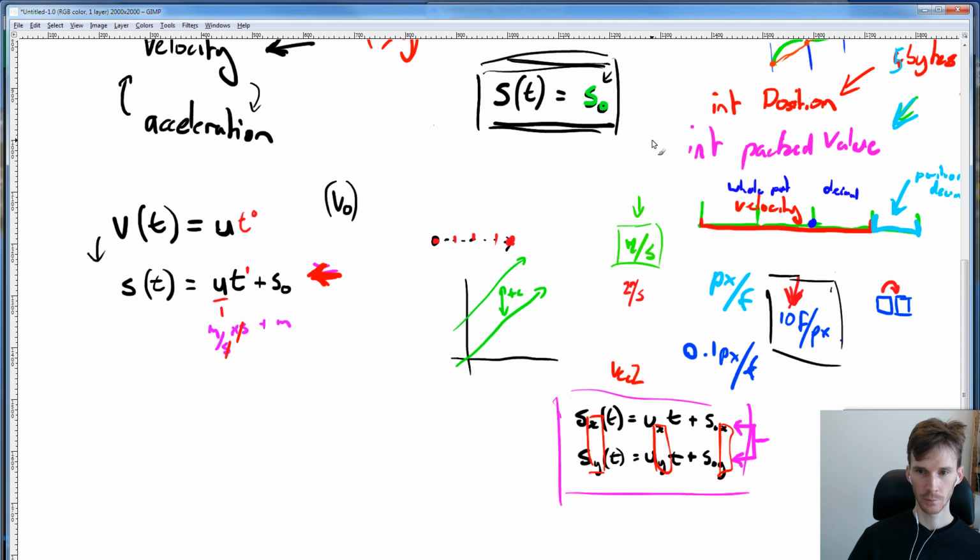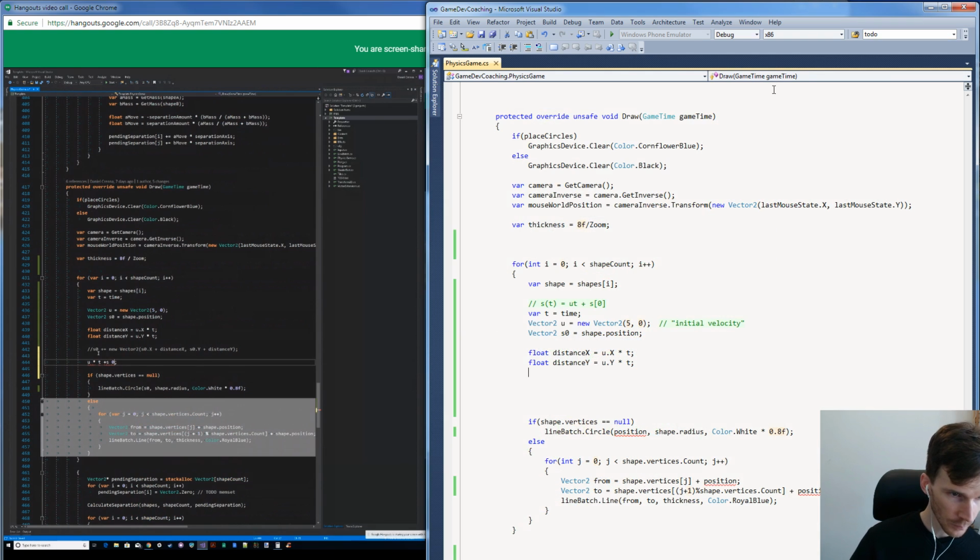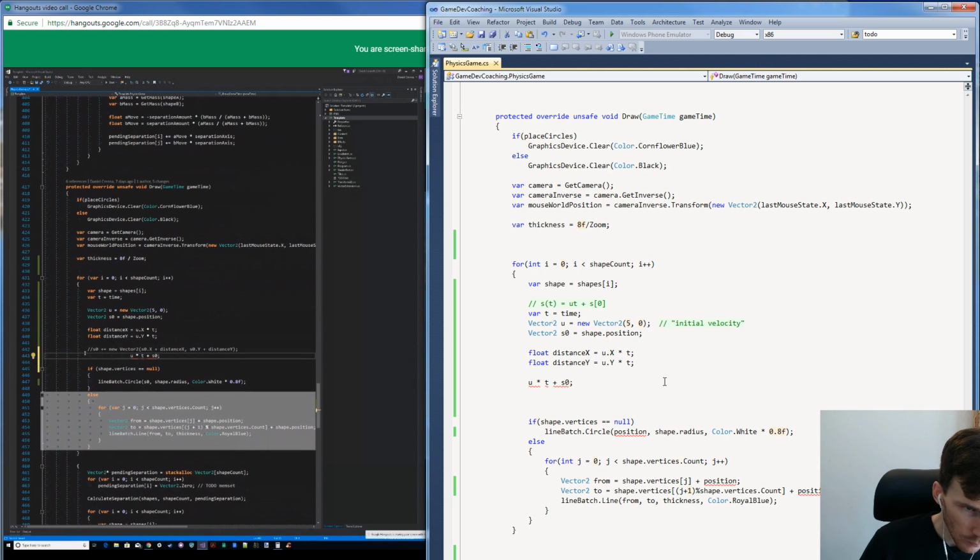So I mean, simple in concept, and then I go and do it. I mean, yeah, u times t plus, there's my constant. The constant is the thing that doesn't matter. U is the initial velocity, multiplying it by time. That's this and this. So this is just for one axis.